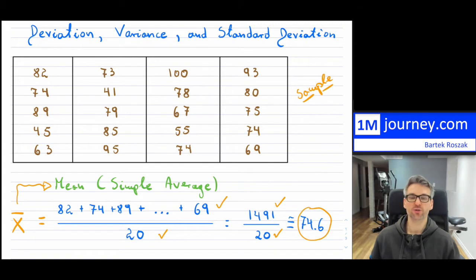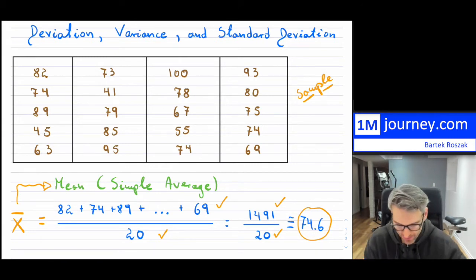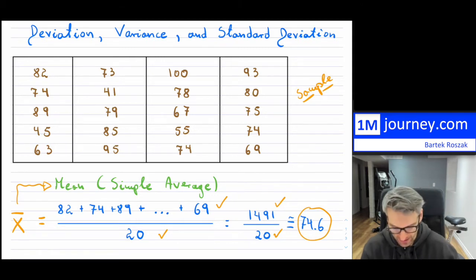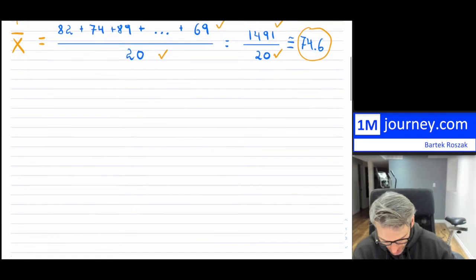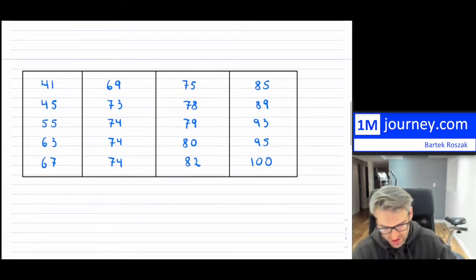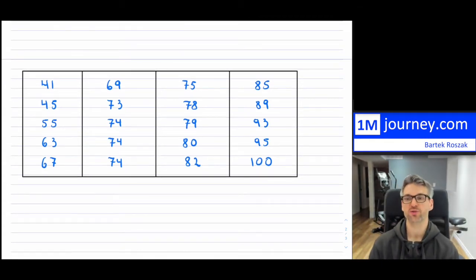In order to do deviation, just to make my life a little bit easier, I'm going to take this entire data set and order it from smallest to largest. Now, I'm only doing it for convenience. I don't have to necessarily do that. So here, I've kind of preloaded it. Now, this is ordered from the smallest to the largest.